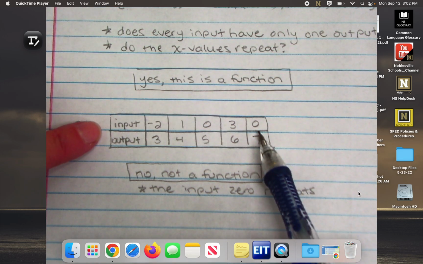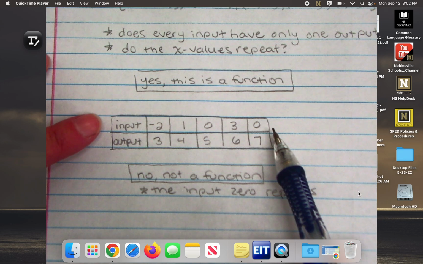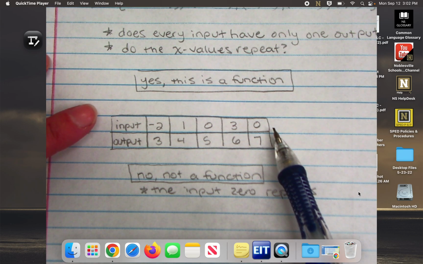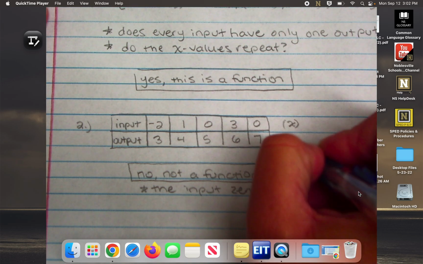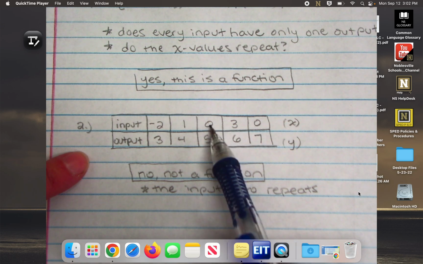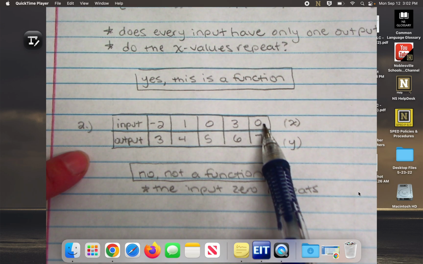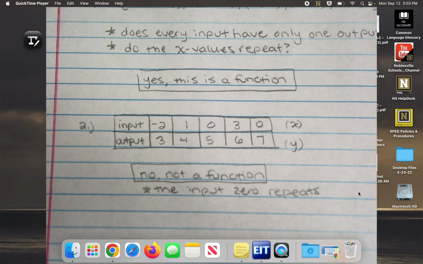So when we're looking at just the inputs, what are the inputs also known as? The domain. Oh, x. Yes. So these are our x's, these are our y's. We're only looking to see if the x values repeat. We have a 0 and a 0, which means that that is no longer a function.